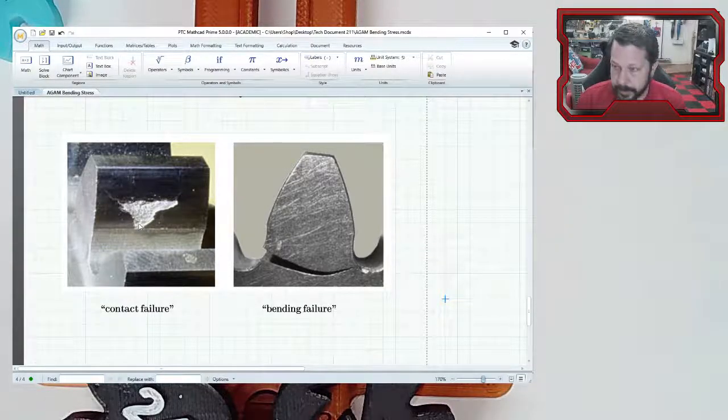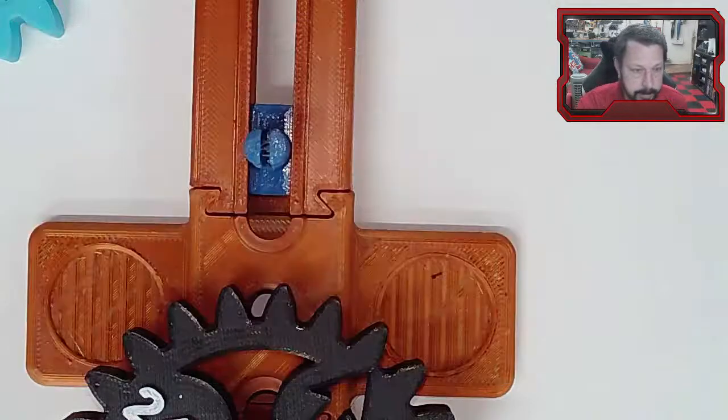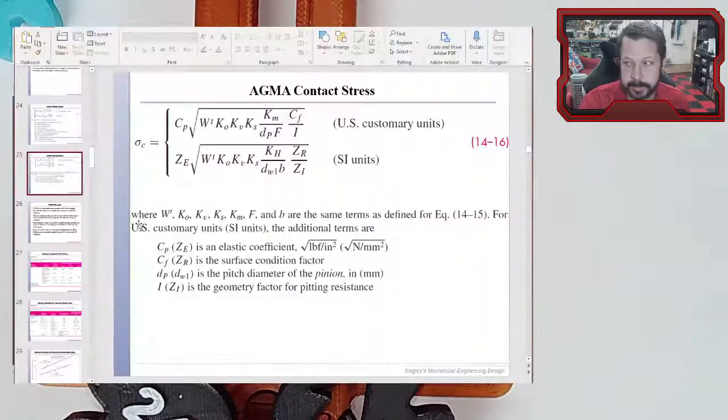We do have an equation that will look at that. Here we go. AGMA contact stress, equation 14-16. There are two versions of this one again. They're the same equation, but they use different variables. So there's a C versus a Z, and an I versus a Z over here. F and B are different.